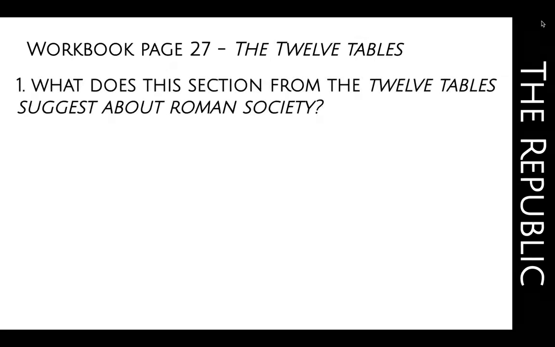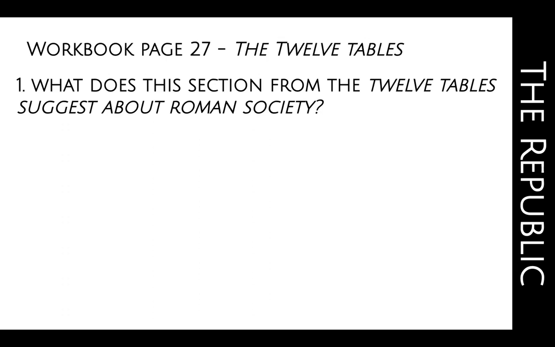Question number 1 on page 27 says, what does this section from the 12 tables suggest about Roman society? And here's the section they're talking about. If one has broken a bone of a free man with his hand or with a cudgel, let him pay a penalty of 300 coins.